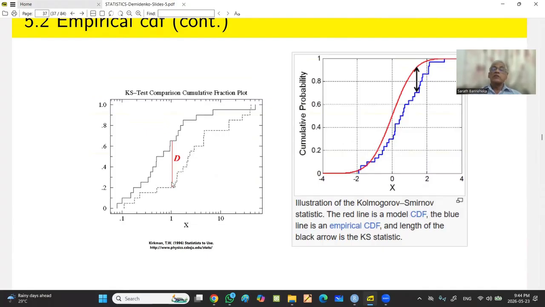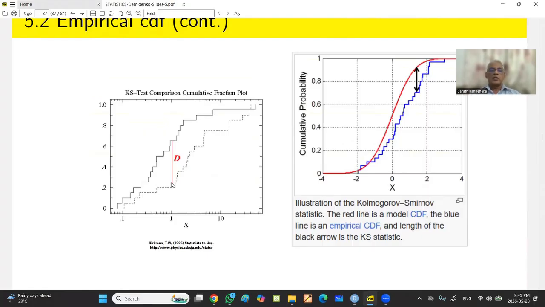If the largest vertical distance is smaller than some pre-specified value, we will decide that, of course, there will always be some differences. Even if you have two random samples from exactly the same distribution, still there will be some differences in the empirical cumulative distribution functions.